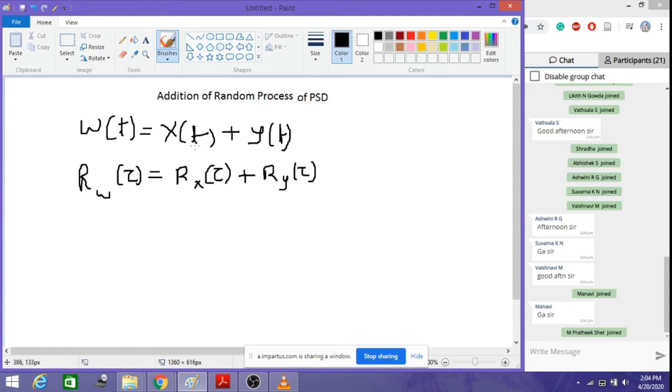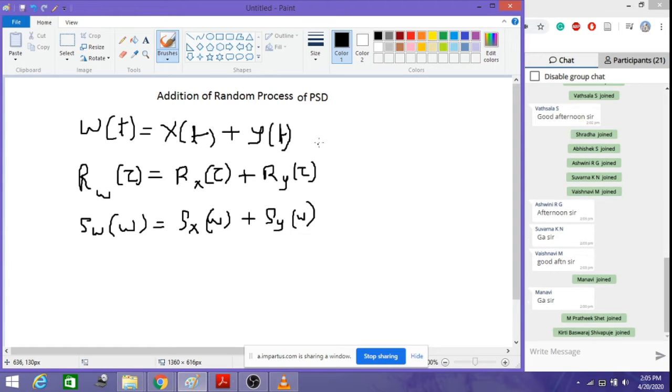If we write this in terms of the power spectral density, then Sw of omega is equal to Sx of omega plus Sy of omega.